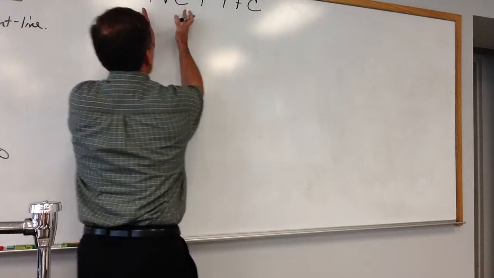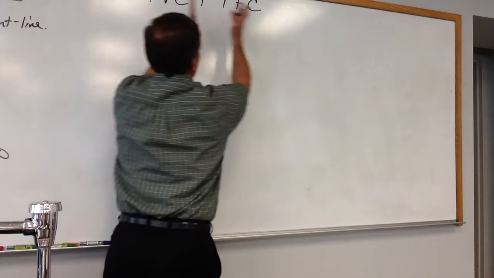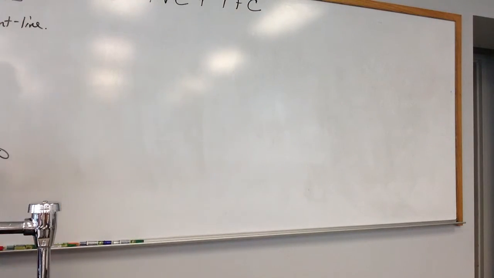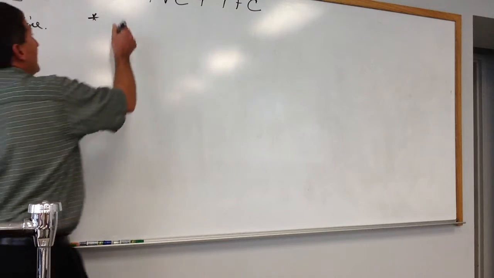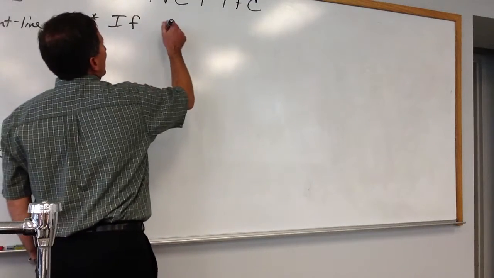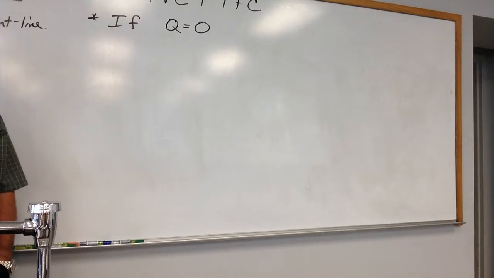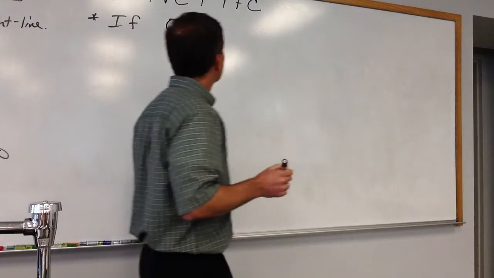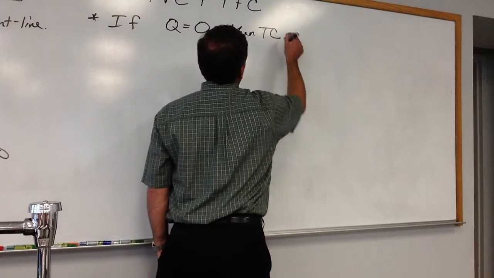So all we did is partition total cost into two sections: one that varies with quantity and one that does not. An important concept that we're going to touch on shortly is that if quantity equals 0 for the day, what does total cost equal?